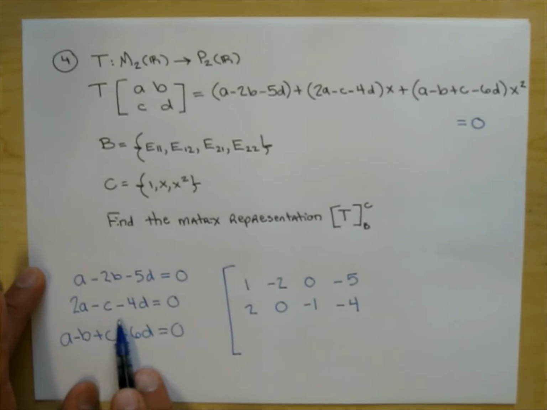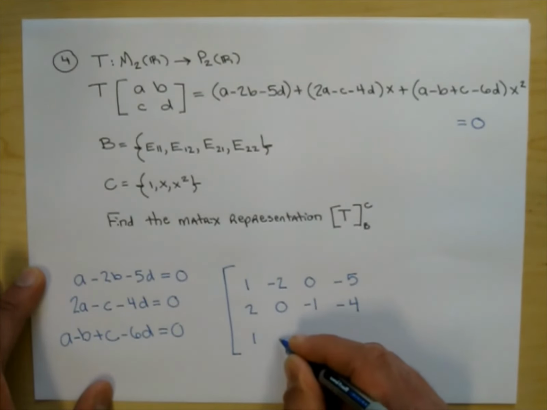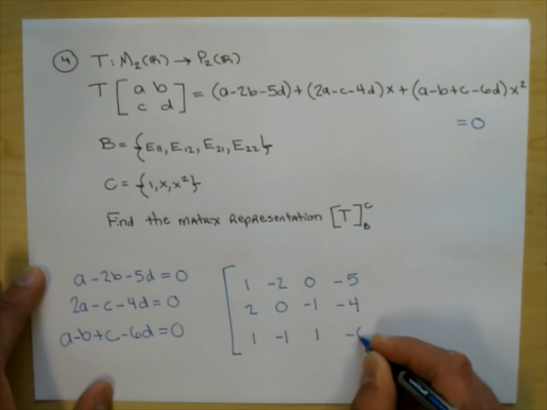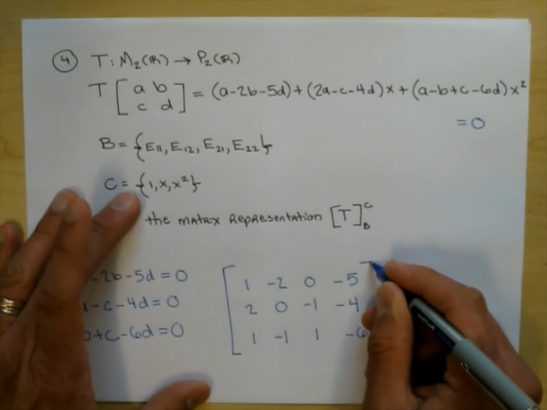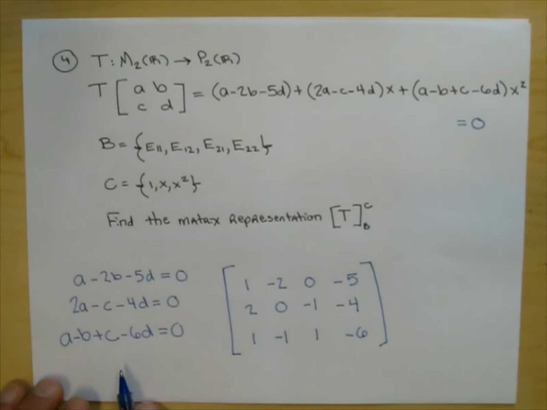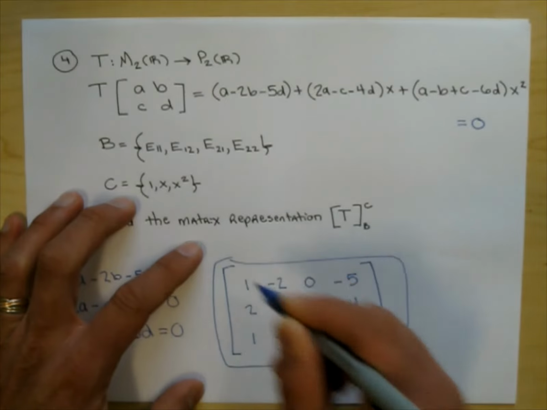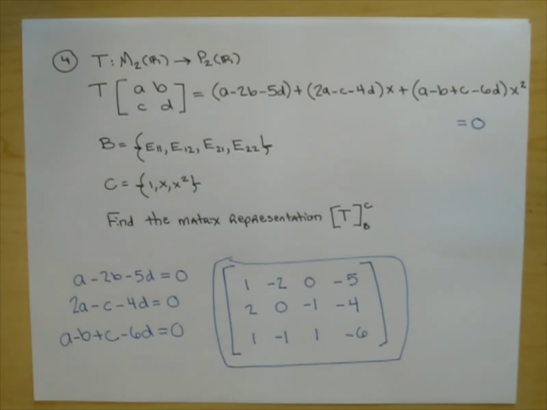That represents that equation without the 0 there. And then the last one is 1, negative 1, 1, negative 6. We've been calling this the coefficient matrix of this system, matrix A. Let me put a box around it, and let's check if we've got everything correct here.